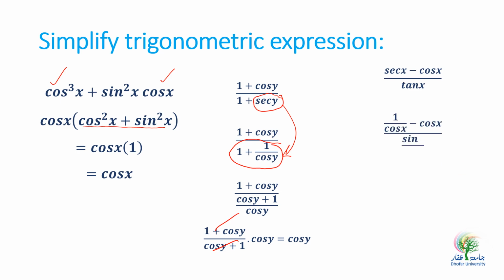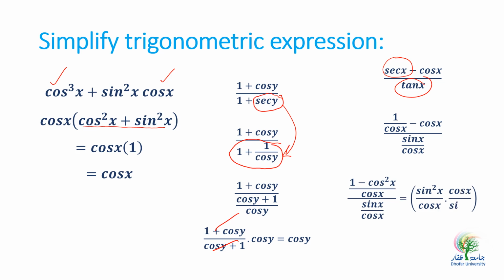The next one is secant x minus cosine x divided by tangent x. We replace secant with 1 by cos and tangent with sine x by cosine x, and just do the simplification. Here 1 minus cosine square x is equal to sine square x. Why?